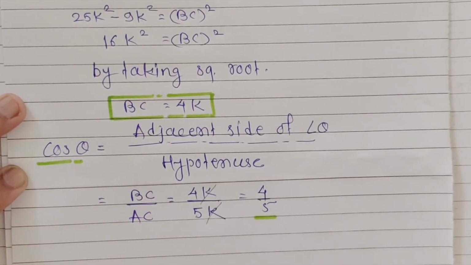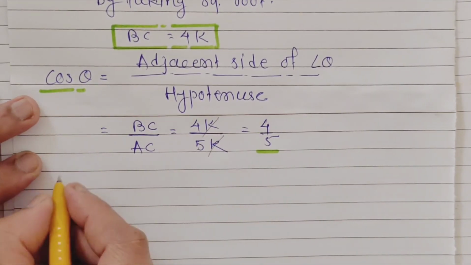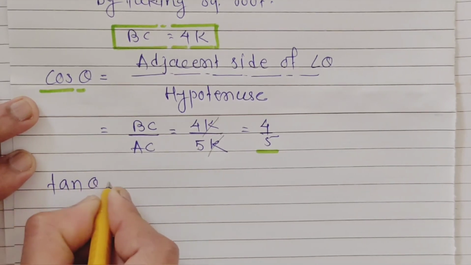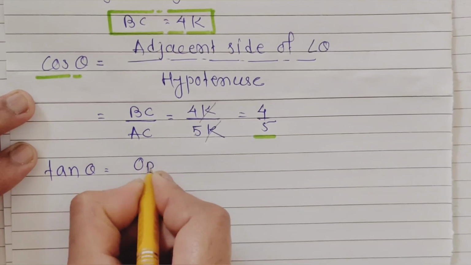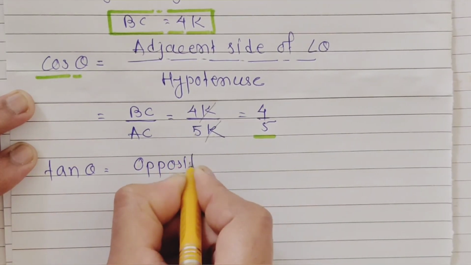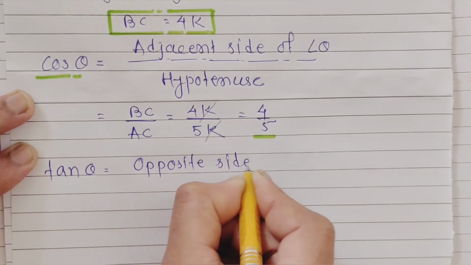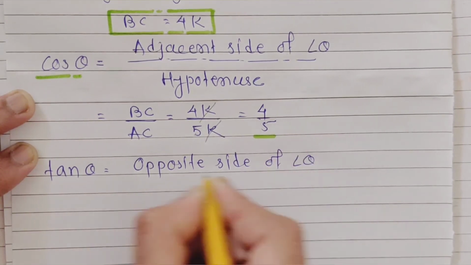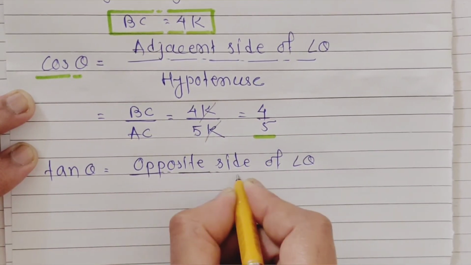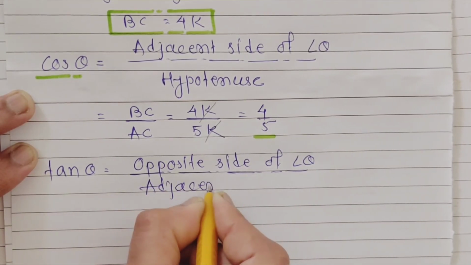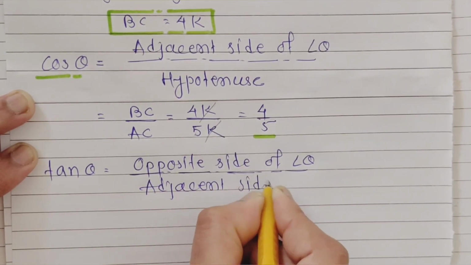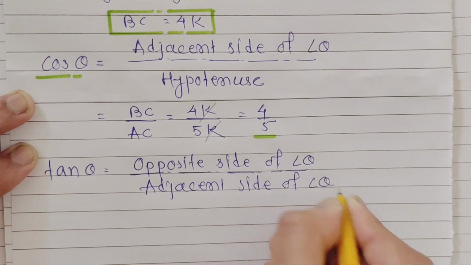Then we have to find out tan theta. We know the tan ratio, it is opposite side of angle theta upon adjacent side of angle theta. Is it?